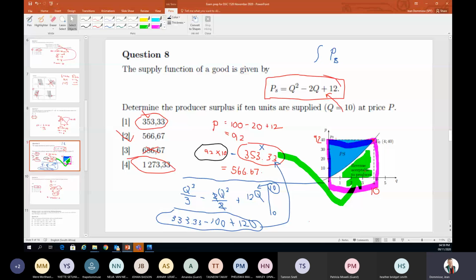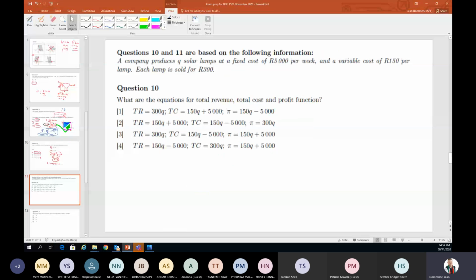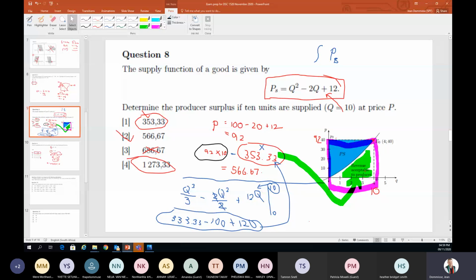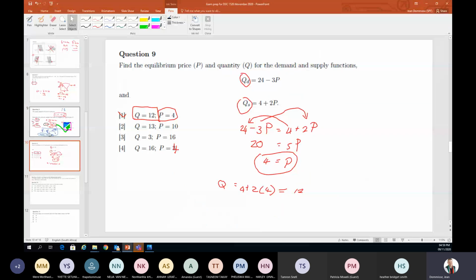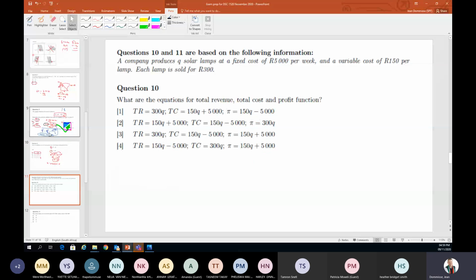Okay, so let's look at the next one. See, and now again they jump from integration into a normal supply and demand function. Now they go back to what was study unit 3, maybe 4.